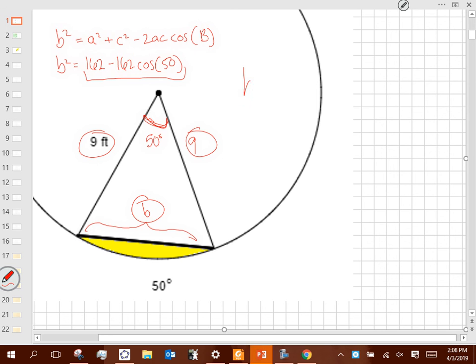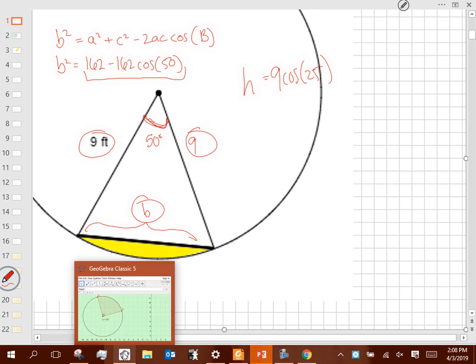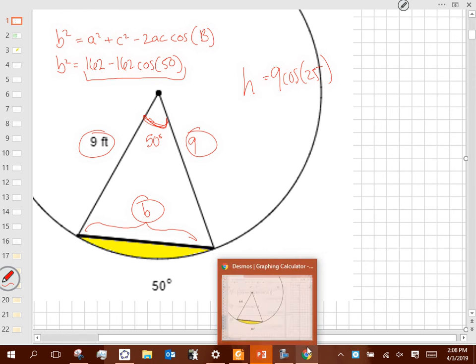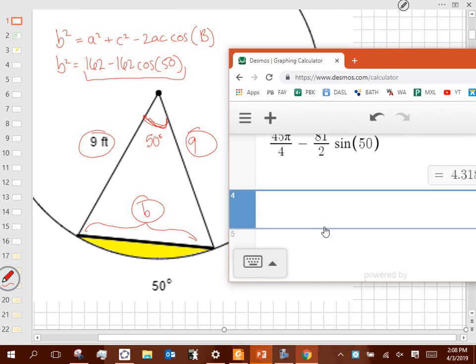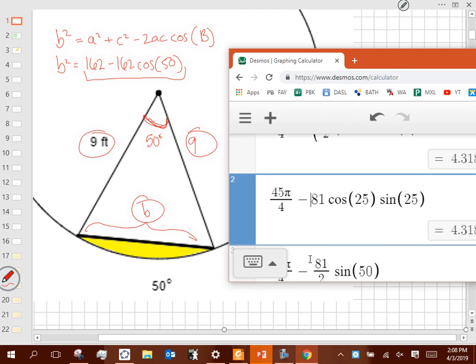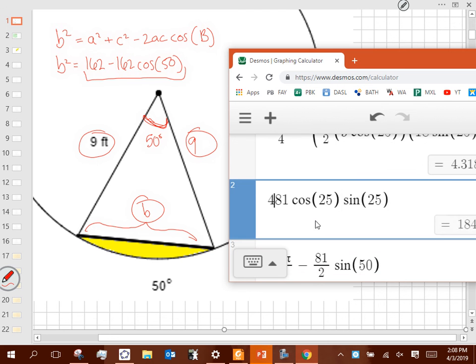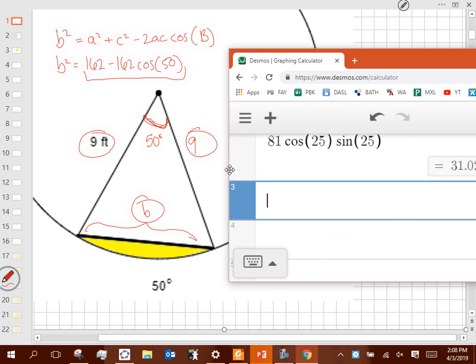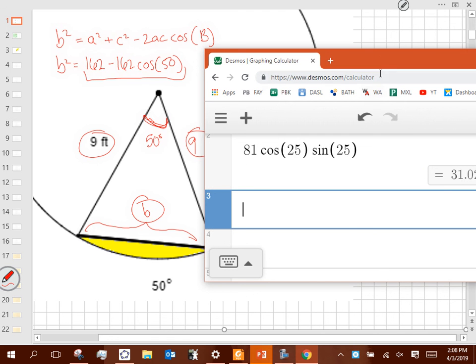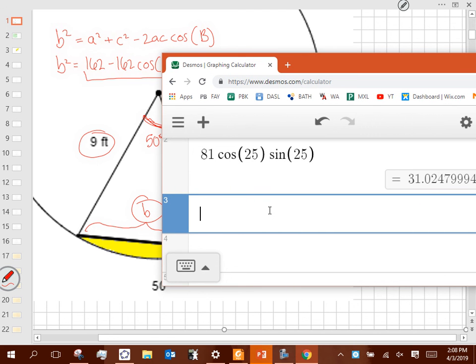So that right there is the same thing as B. We said H was 9 cosine of 25, right? We still have to use the right triangle stuff to find H. But let's go back to Desmos and type that in. Let's just make the comparison of what these two triangles' areas would be. That was the area of the triangle using the longer approach. This would be the area of the triangle.